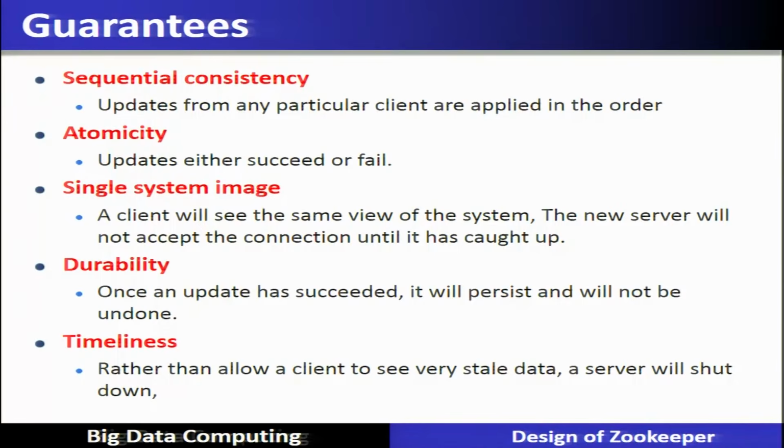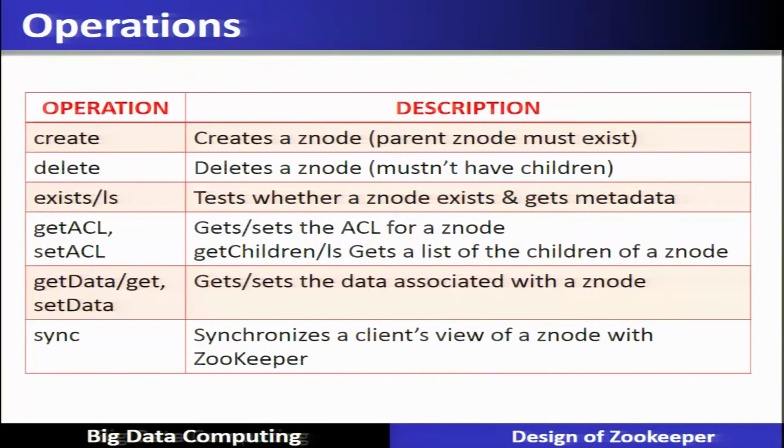Another part is called timeliness. Rather than allowing the client to see very stale data, the server will shut down. These are some of the operations of Zookeeper: create, delete, exists, ls, get ACL, that is access control list, set ACL, get data, set data, sync.